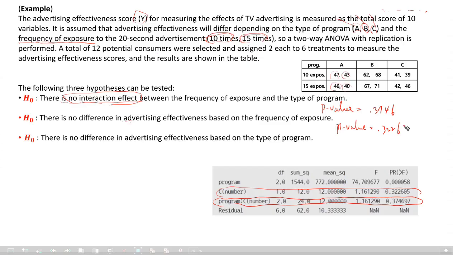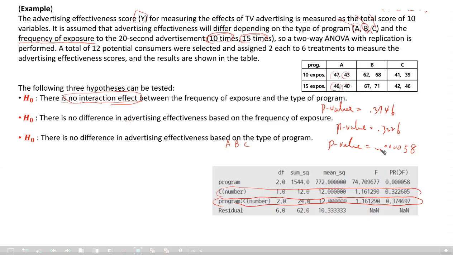Okay, and is there a different advertisement effectiveness based on type of program, ABC? The p-value is 1.00058, a very small p-value. There is a strong difference between programs ABC.